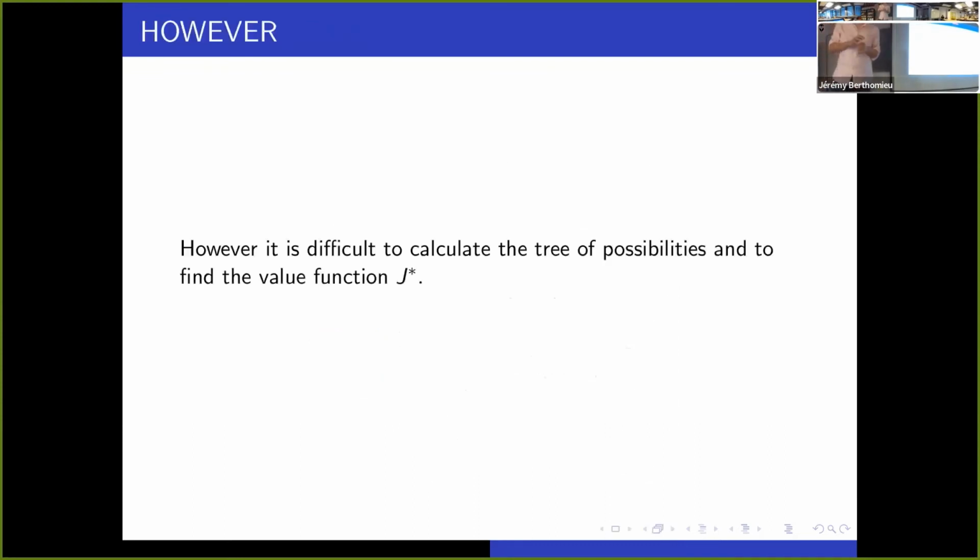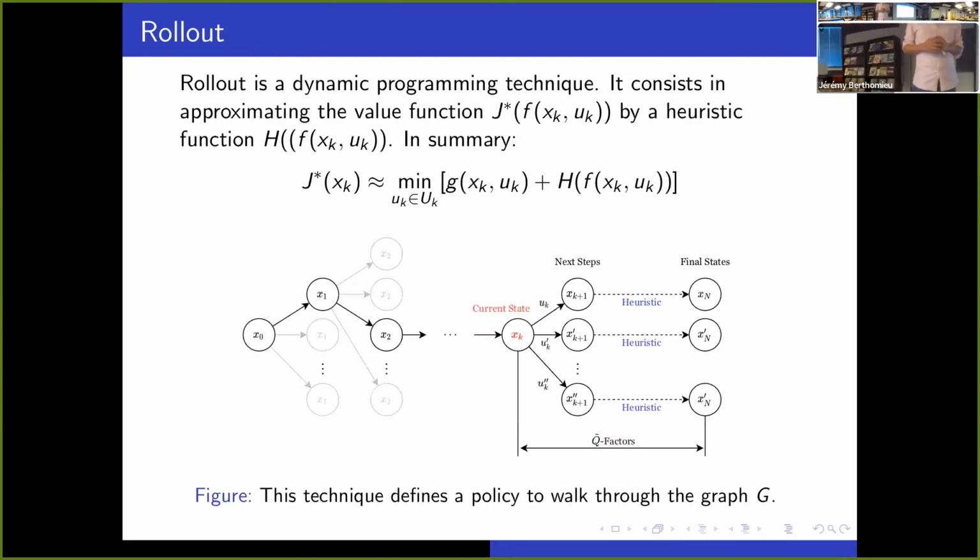However, it is difficult to calculate the tree of possibilities for a given graph and to find the value function g star. For this, we have applied the rollout technique. Rollout is a dynamic programming technique. It consists in approximating the value function by a heuristic function h.